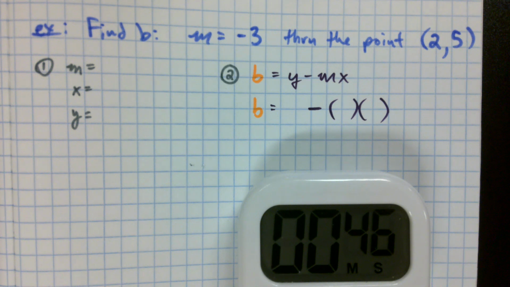What would -3 times 2? What would 3 times 2? 6. And then a negative times a positive is always a negative. Good. So we get -6. That's just 6, because the minus sign is there regardless, right?